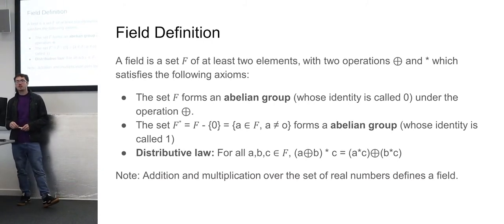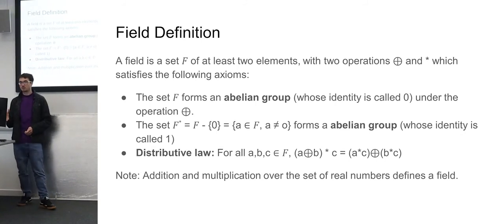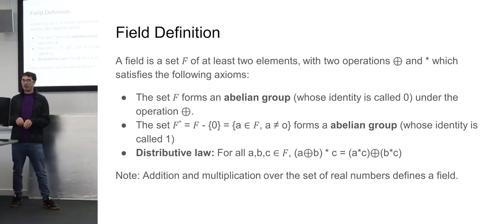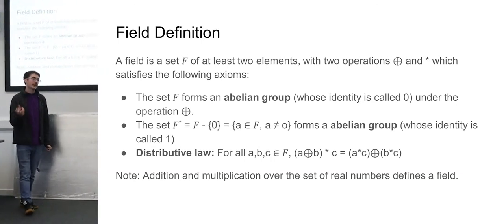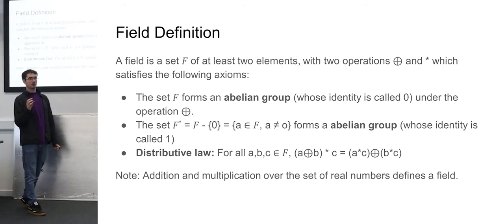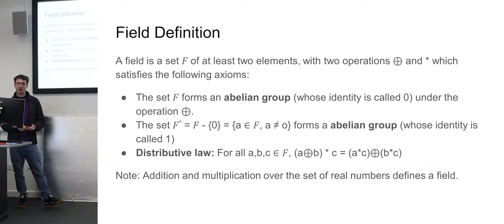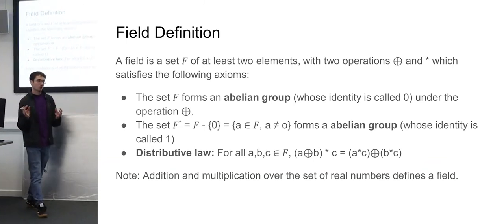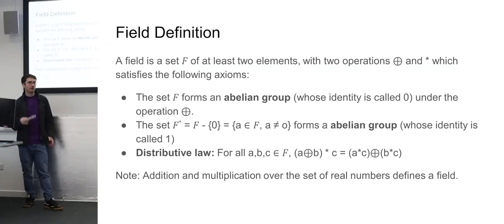Okay, and then this field also defines another group. So basically, this field is actually defining 2 groups. That group is saying, okay, the initial set F that you gave me, let's take away the identity element 0, because it doesn't make sense under multiplication. And then that new set, which is the old set minus the identity element 0, forms another abelian group with the identity element 1.